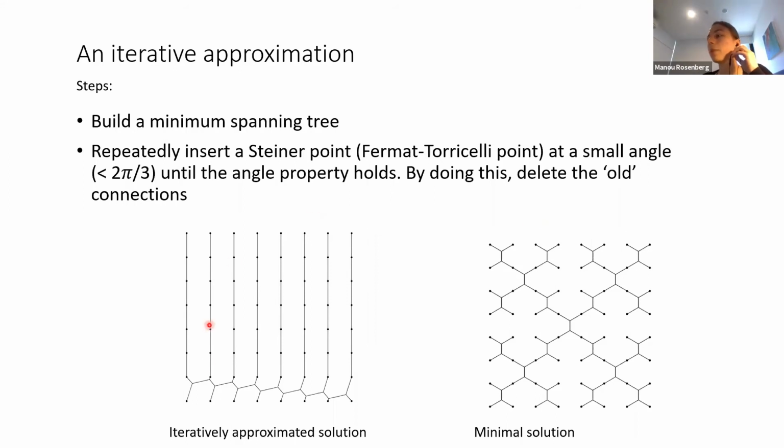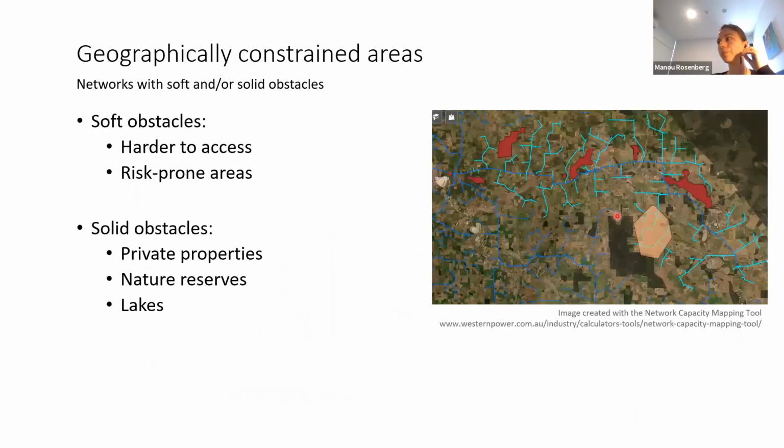But there are some cases, for these grid structures for example, where the iteratively approximated solutions might look very different from the actual solutions. Okay, so that's so much on the Steiner tree problem. We're going to use that to further optimize the interconnections in the connected parts.